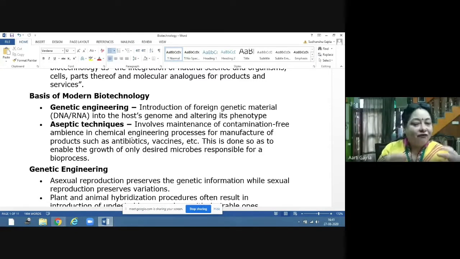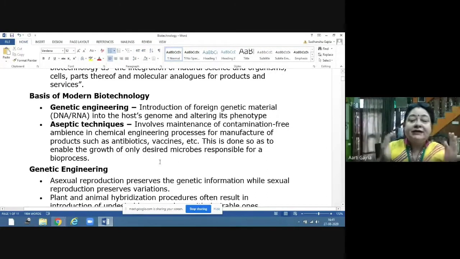In this, what is done? The ambience is made chemically contamination free, so that no undesired microbe can grow there. So this is done so as to enable the growth of only the desired microbe responsible for a bioprocess.